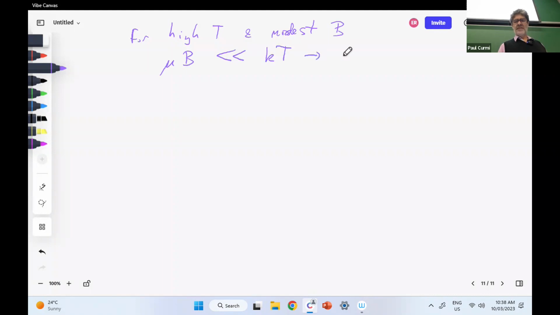Then the hyperbolic tangent of x is approximately x. So if I do this, my energy is approximately equal to minus N mu squared B squared over kT.